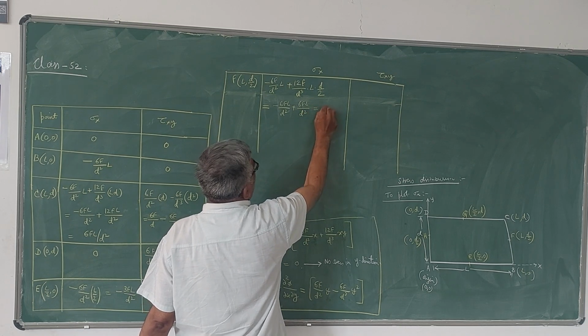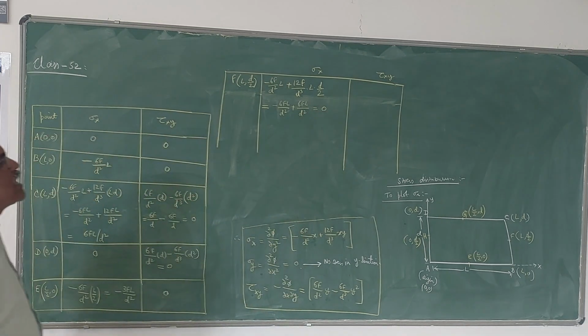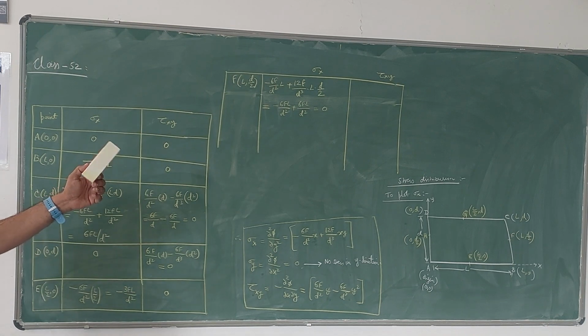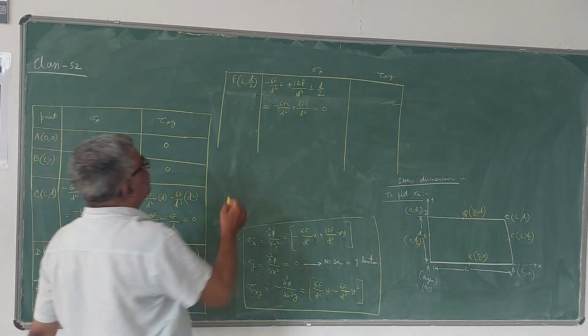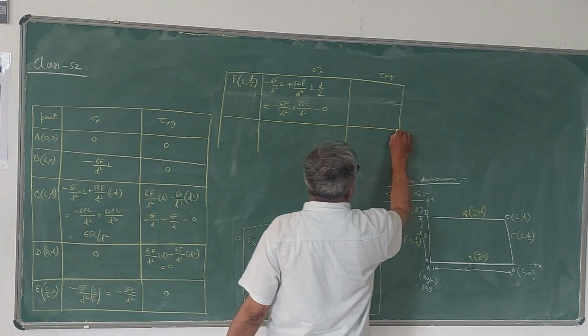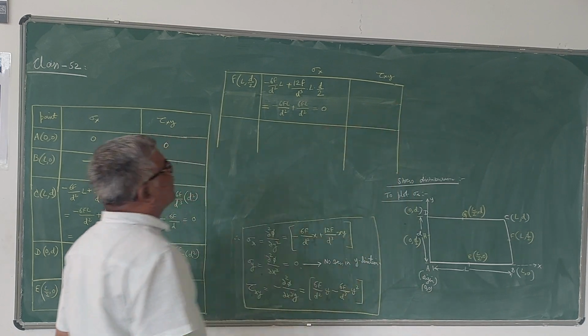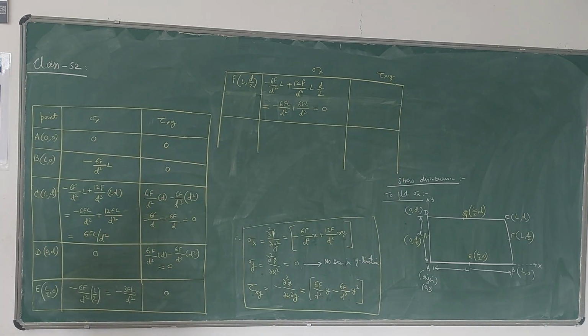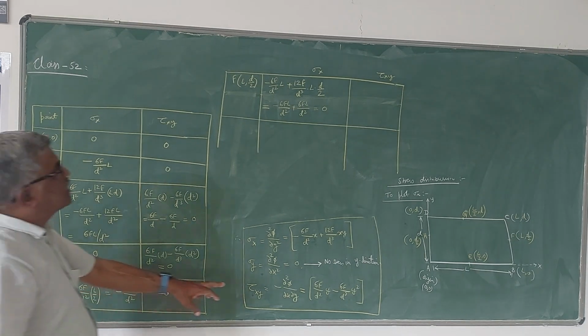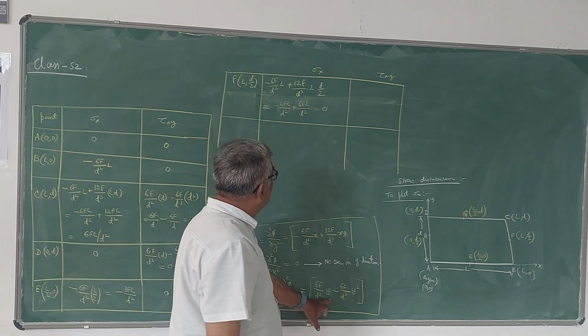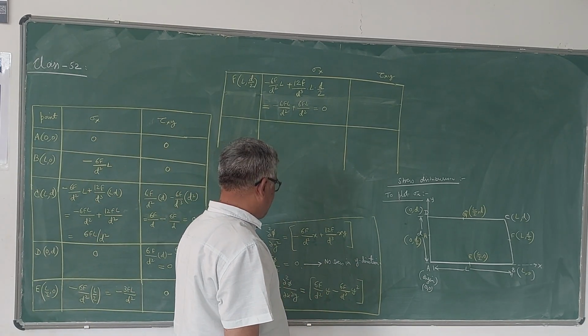So it becomes 0. Correct? Now tell me the tau xy value. Substitute for x as L, y as d by 2 in this.